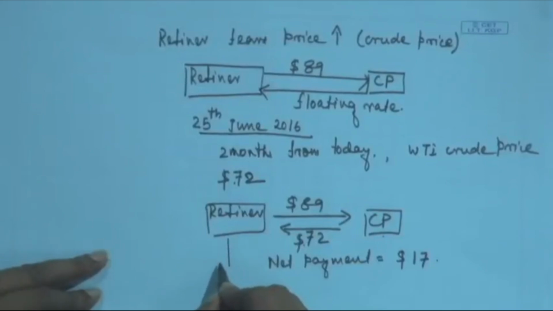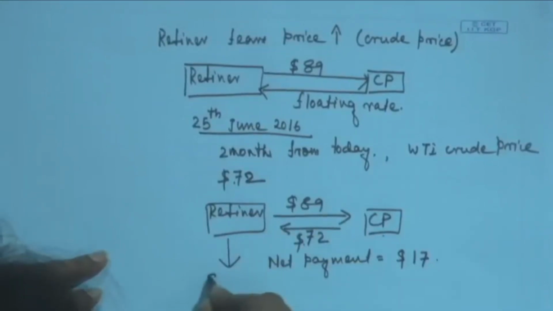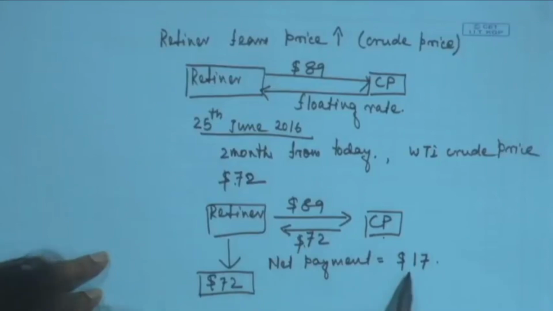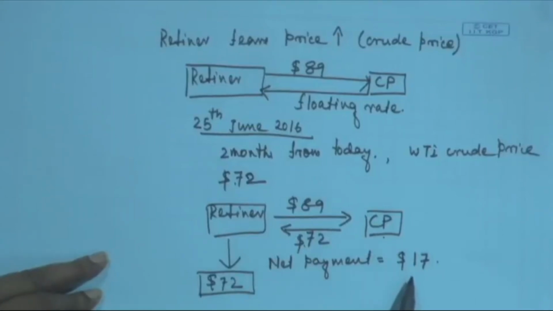And anyway, the refiner is going to buy crude oil at $72 from the open market. However, he will be paying an additional $17 to the counterparty. So his net price is going to be $89.